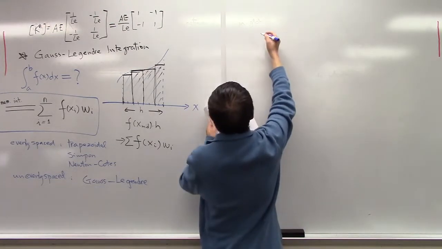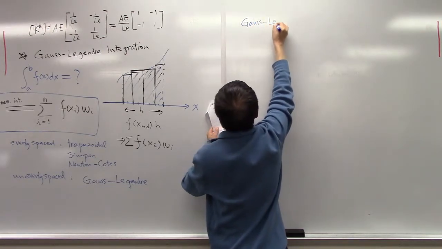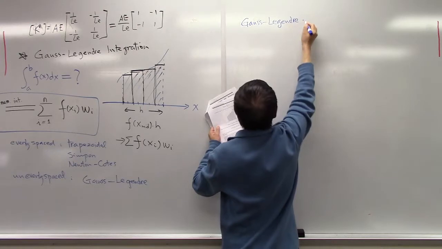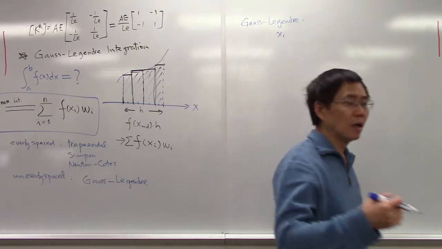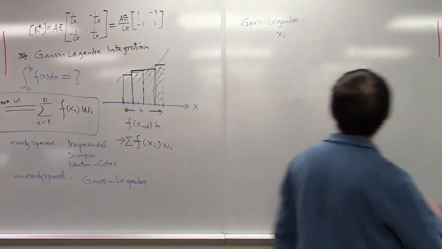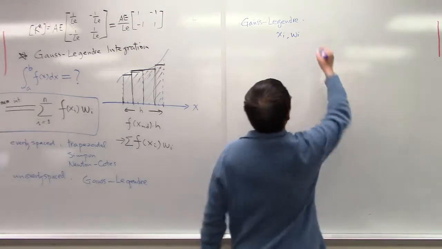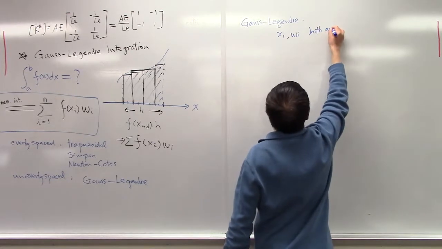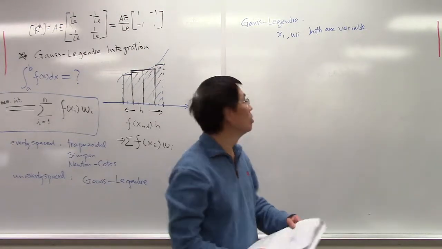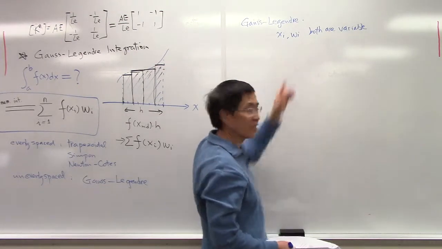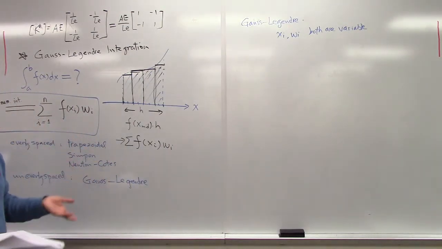Okay, let's say, so now x, which is the evaluation point, and weight function wi, both are variables now. So the idea is to solve for those so that the integration will be exact to the highest possible order.